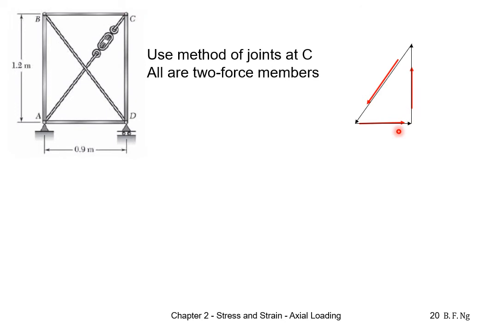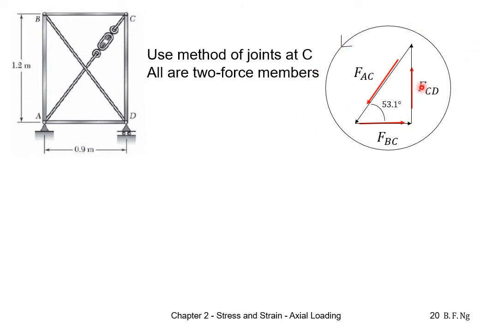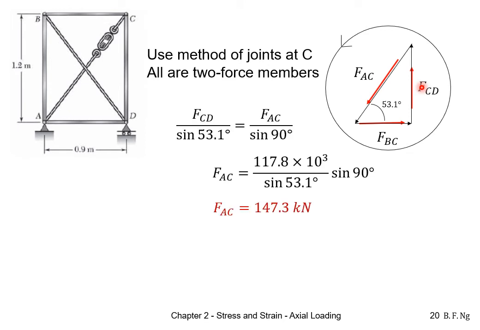We bring the forces out and form a triangle. They must form a loop such that it is in equilibrium, showing the directions. After which, we are able to solve using the sine rule, where FCD divided by sine of 53.1 degrees is equal to FAC over sine of 90 degrees.